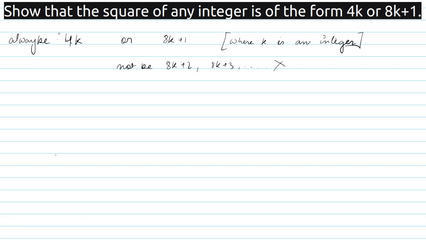The main strategy we're trying to follow is the division algorithm. What does the division algorithm actually say?